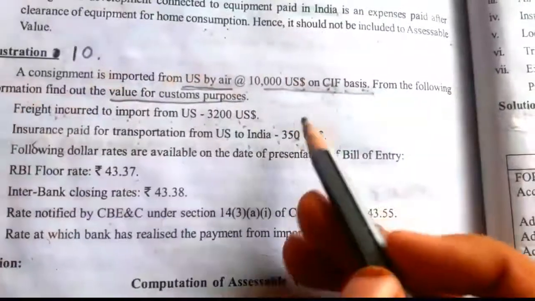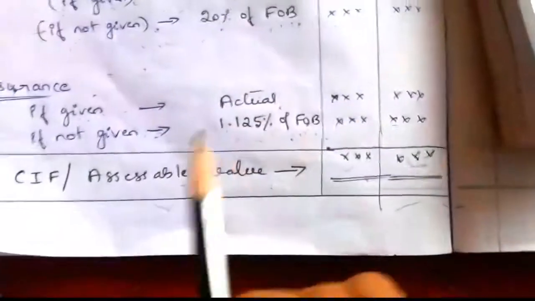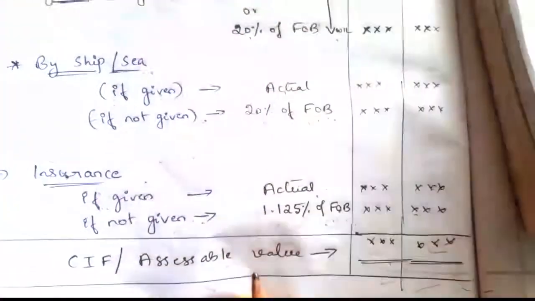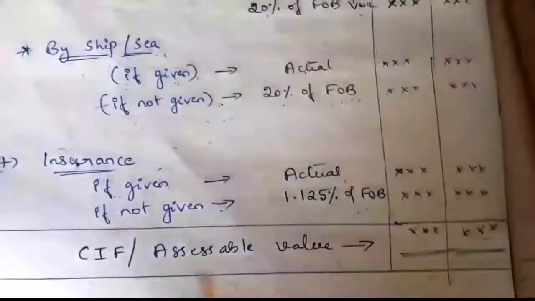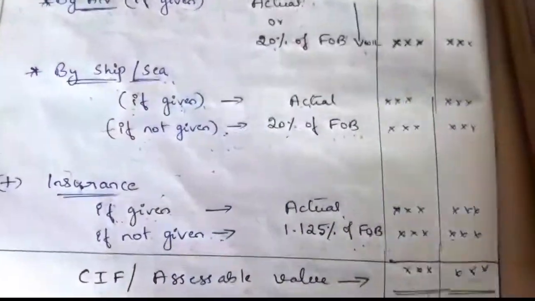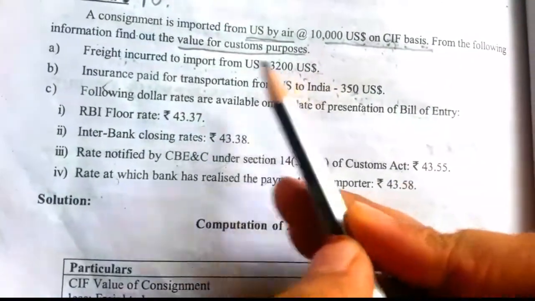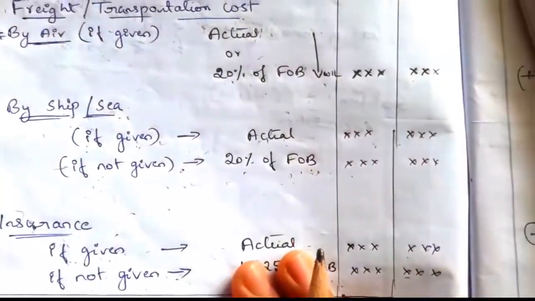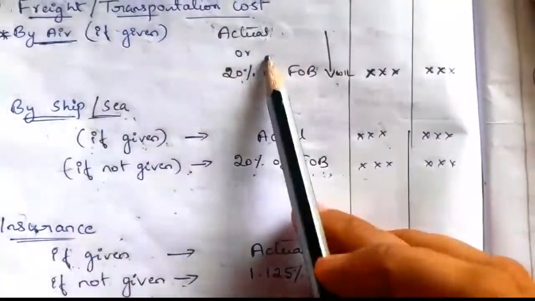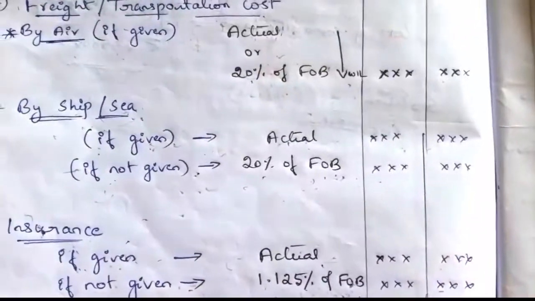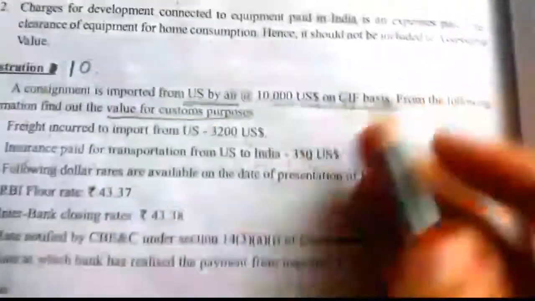But in this illustration they have given the assessable value, the CIF value, directly. It means that this freight and insurance is already recorded in the CIF value, the actual value being 3,200 as freight and 350 as insurance. So now we have to cancel that record of freight and insurance, and again add freight and insurance by applying the rule of actual or 20% of FOB, because here the import is by air.